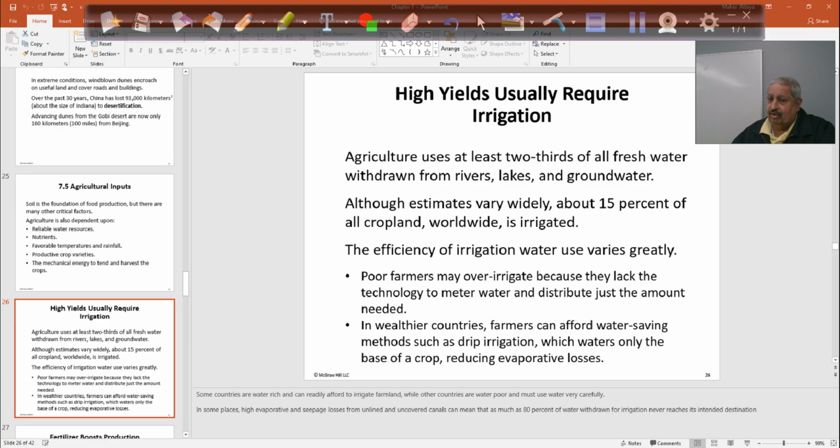Poor farmers may over irrigate their soil because they lack the technology to meter the tap water they are using, and in wealthier countries they are better off. They use a lot of technologies to water and measure the amount of water they are using.